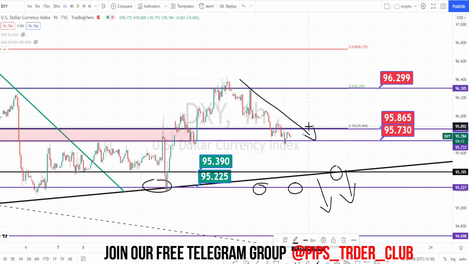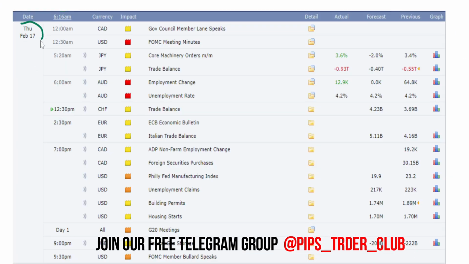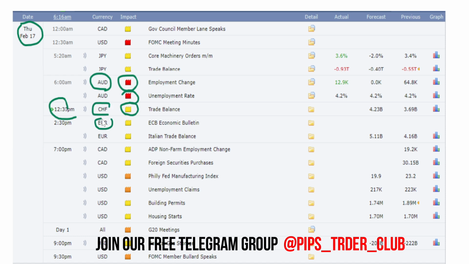Let us look at today's economic calendar. Today is Thursday, February 17th. We have high impacting news for the Aussie dollar, and at 12:30 p.m. we have low impacting news on Swiss francs, euro currency pairs, and Canadian dollar.